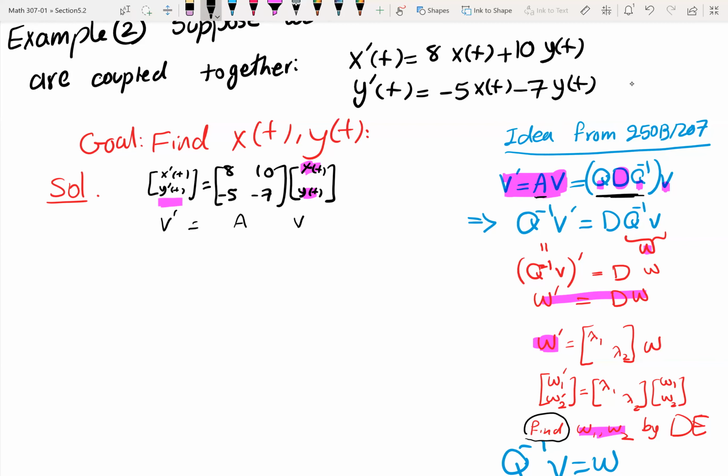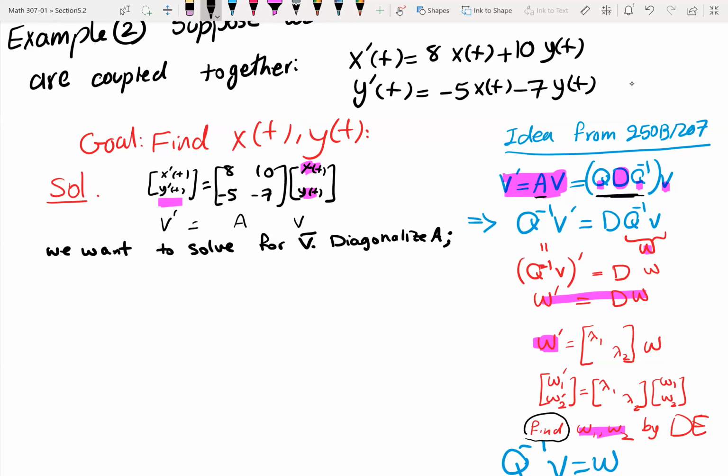Okay, so I have to solve for V. That's the goal. So what is diagonalize A?